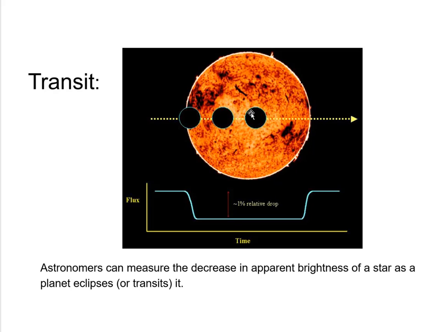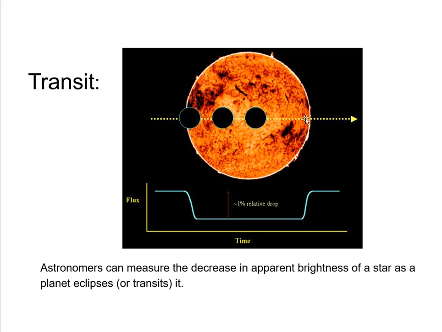So knowing that, we can calculate the size of the planet and how far away from the star it is, because we would also be able to track how long it takes for the planet to transit, or go across the sun, because that's going to tell us the time, and that time is directly related to its orbital speed around the sun.